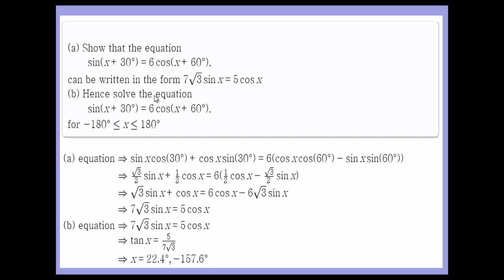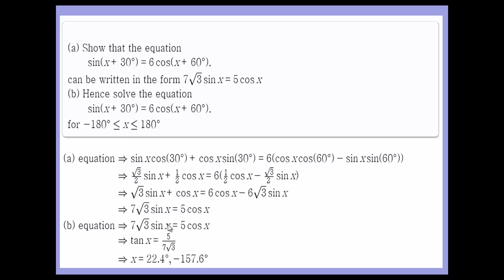It then says hence solve that equation. Well, all we need to do for that is turn the sine x and cos x into a single ratio, and the obvious thing to do there is to divide the sine x term by the cos x term, giving us tan x.